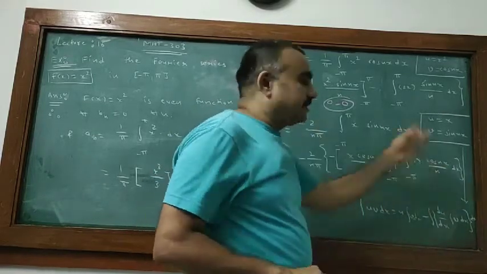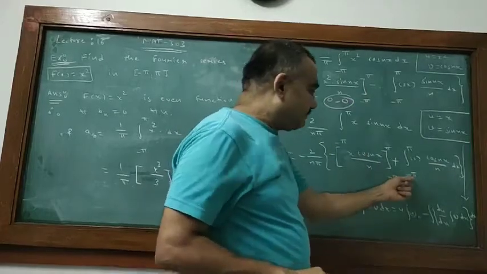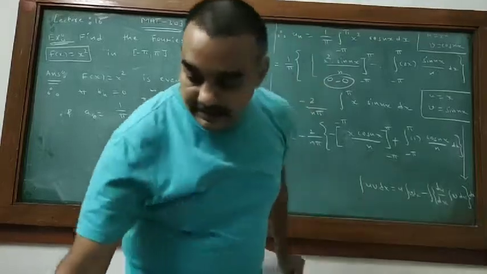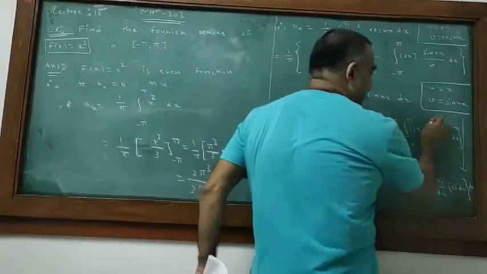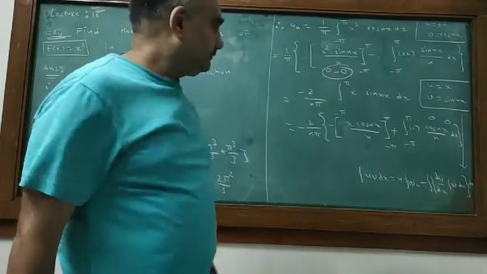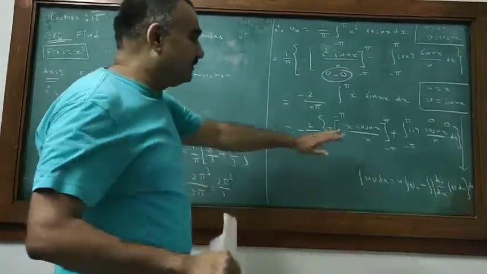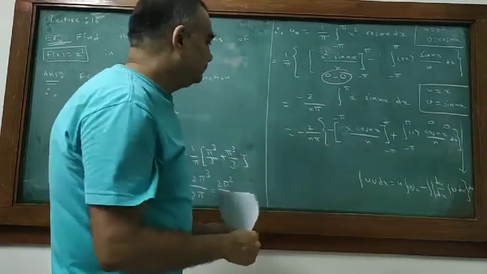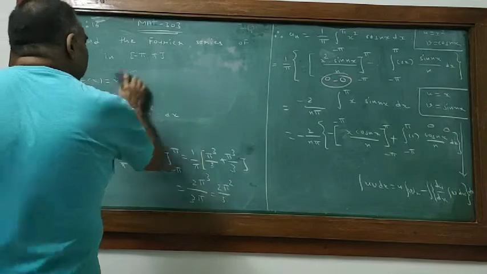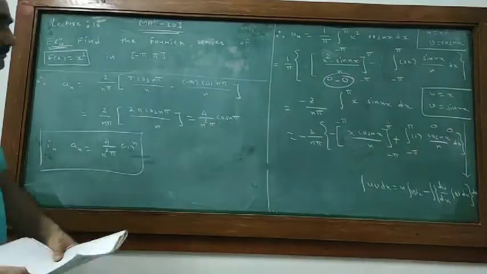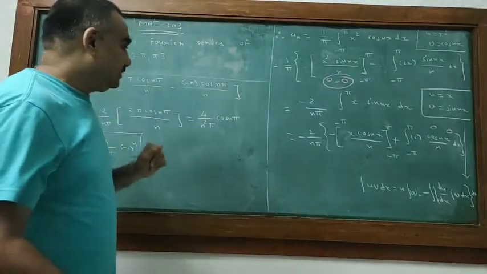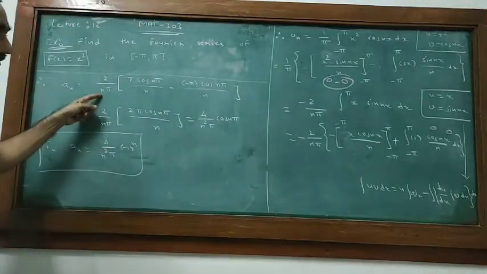Now integration of cos is sin, and at pi it is 0, at minus pi sin is 0, and therefore this term is not in any calculation. So we have to deal with only this part, and therefore minus minus becomes plus. So it is 2 upon n pi.